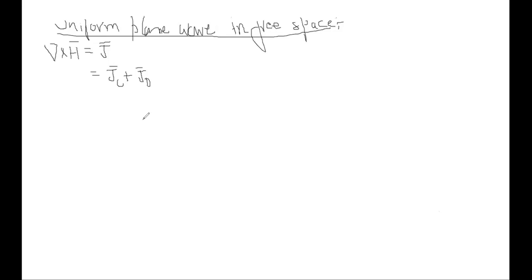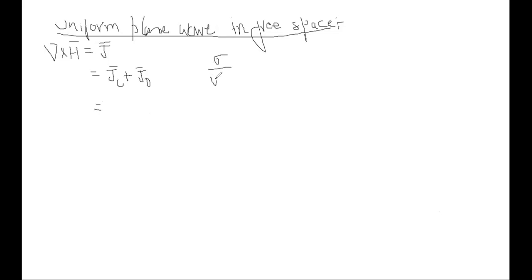In free space, the perfect dielectric, J bar is equal to 0. Perfect dielectric means there is no conductivity.